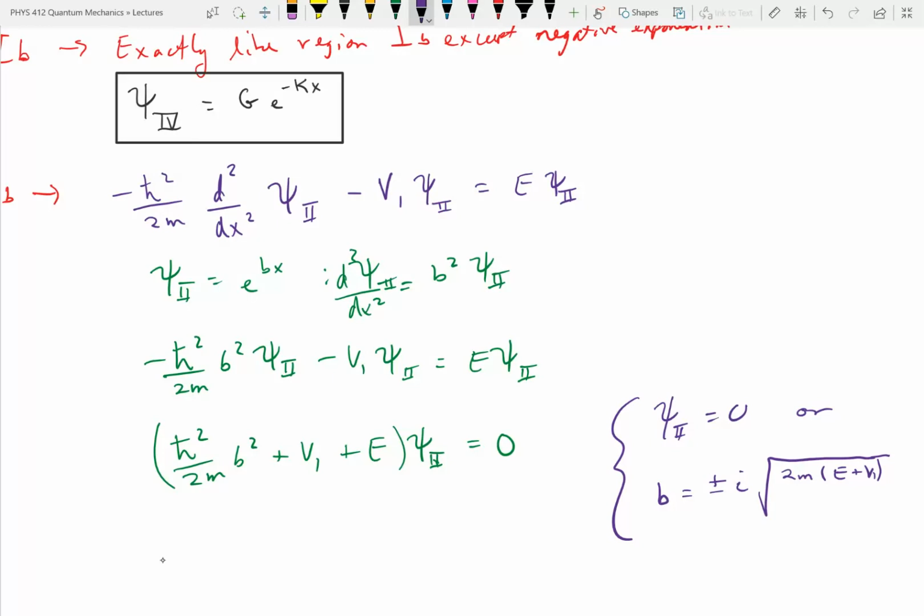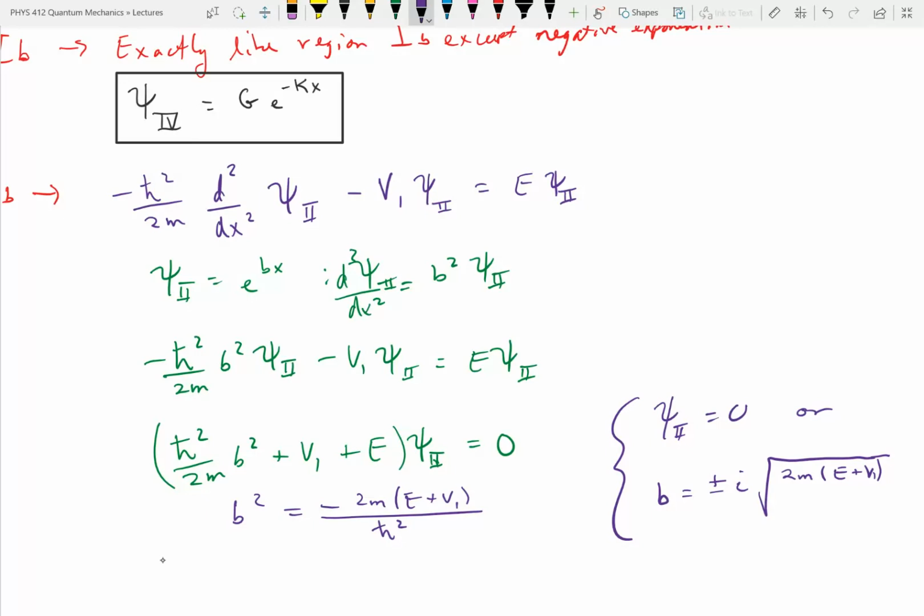If I would have solved this, I would have had b squared is equal to minus 2m parentheses E plus V1 over h bar squared. But because E plus V1 is a positive value, that means I'm taking the square root of a negative. And so the square root of the negative is why I have the i out front.